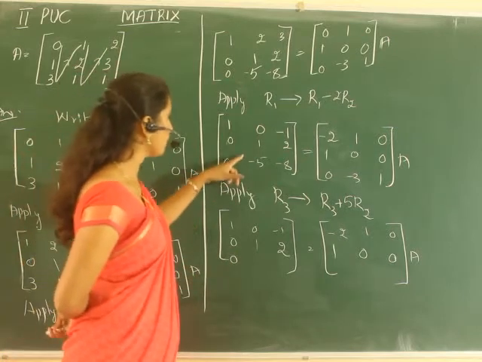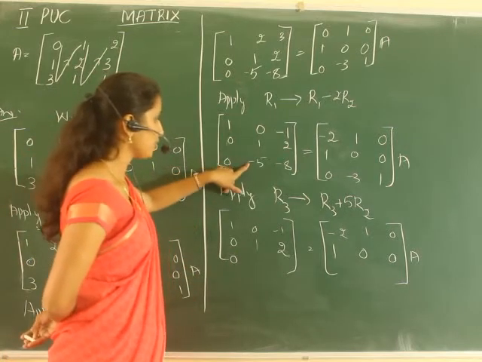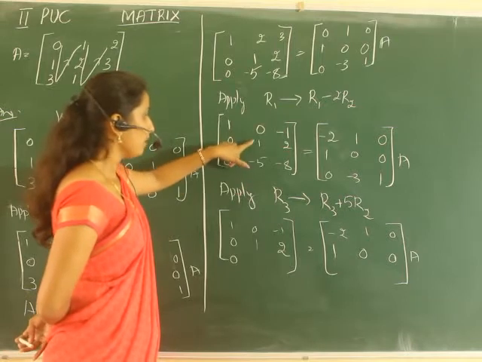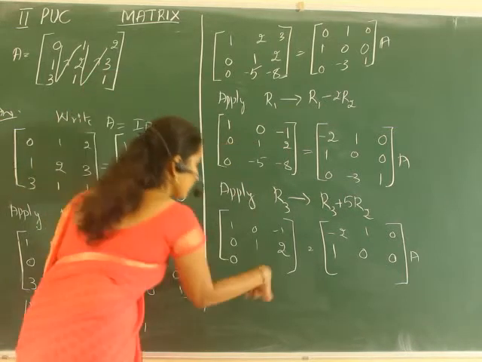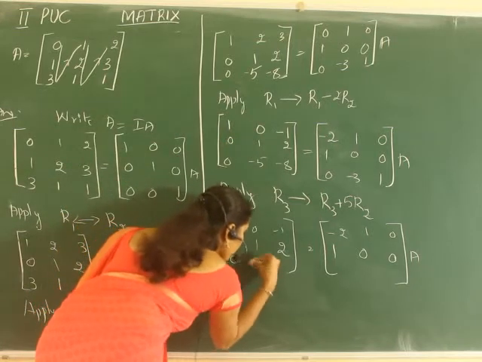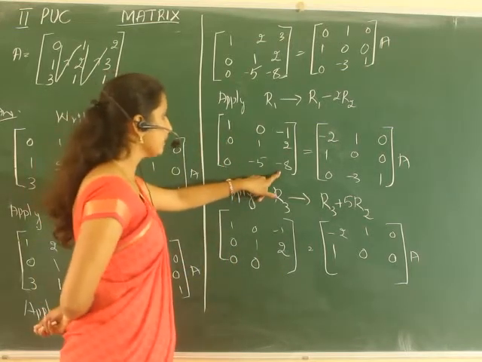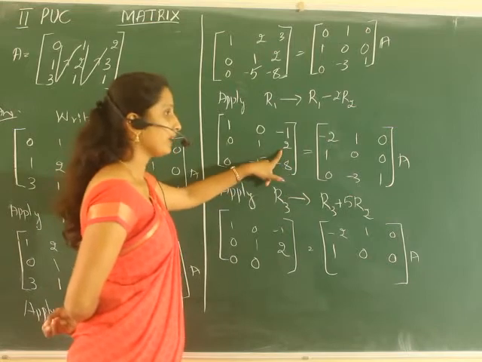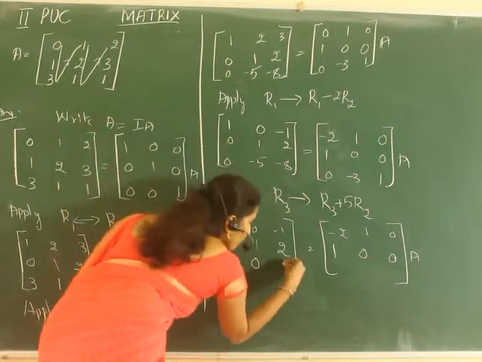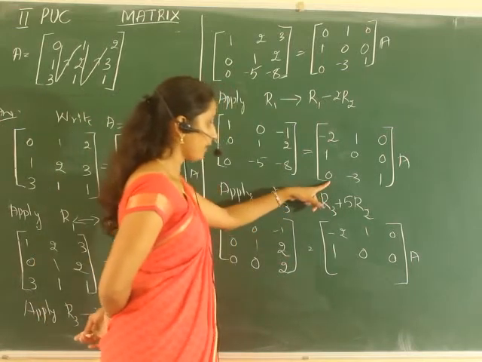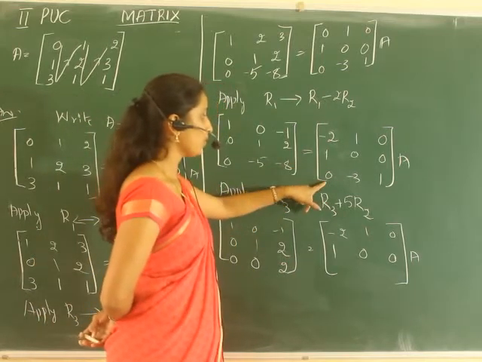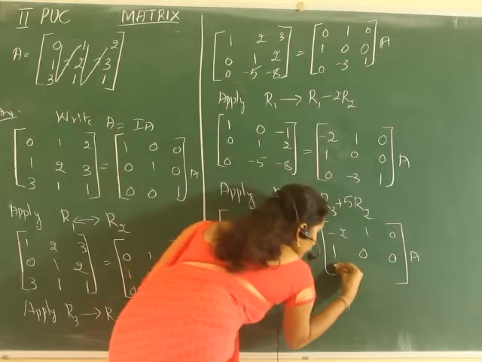Then minus 5 changes to minus 5 plus 5 into R2. So minus 5 plus 5 will be 0. After that, minus 8 plus 5 into 2 is 10. 10 minus 8 is 2. Next, 0 plus 5 into 1 is 5.